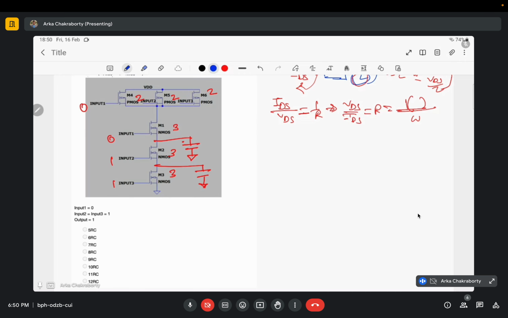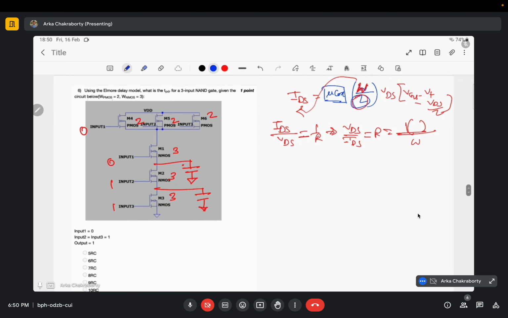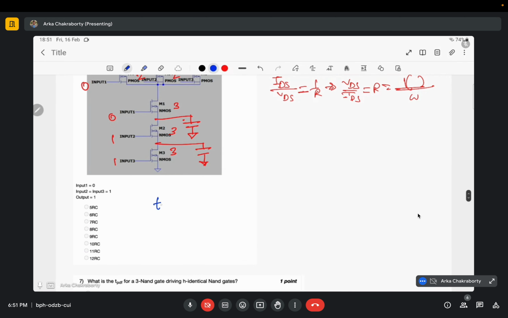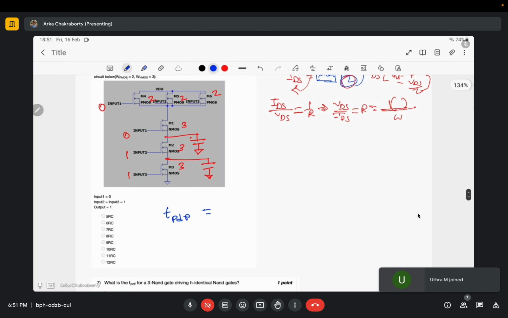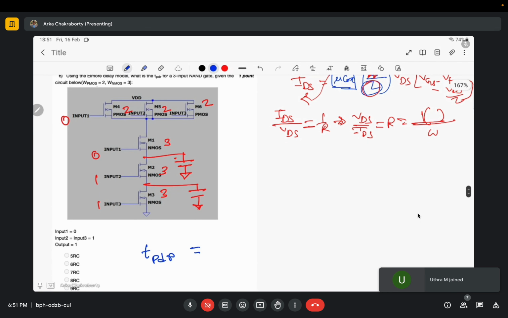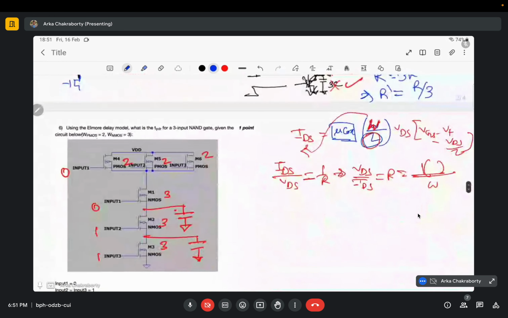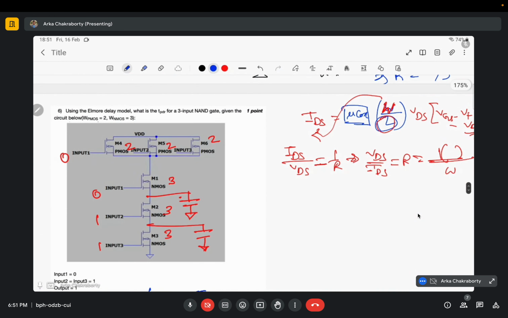Now I need to find, using the Elmore delay model, the TPDR. It's simple. T propagation delay rise would be equal to, so what are the capacitances involved here? Each input will see how much capacitance? These two are shorted, right?